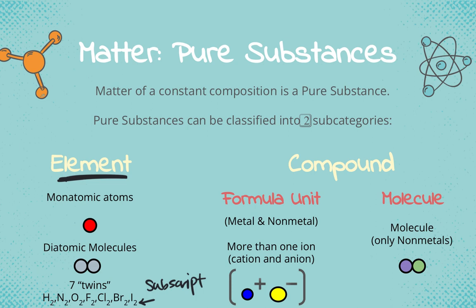You also have what is called a compound. Compounds have variable composition if we're talking about one particle of that compound. But when we put the sample of all of those together, so if I have a sample of this cation and anion, this formula unit together, and I have more than one of those formula units, they are the same formula unit throughout.